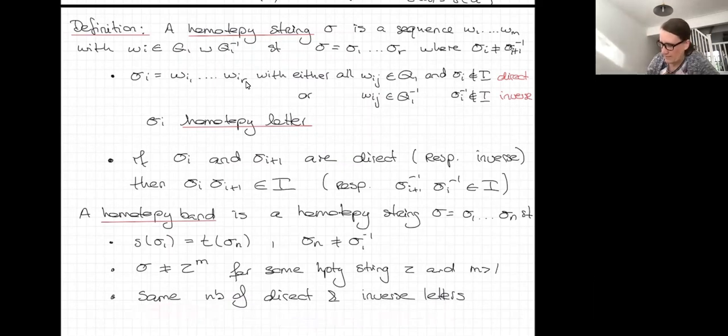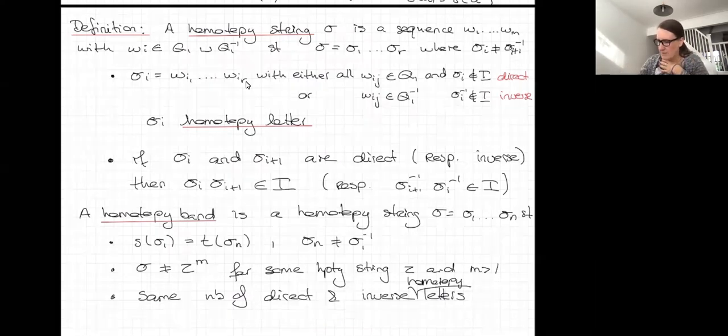And when I say letters, I really mean homotopy letters. Because we will see that homotopy letters correspond to maps which constitute the differentials, and somehow we want to end up in the same degree. That's the idea behind it if we have a homotopy band.